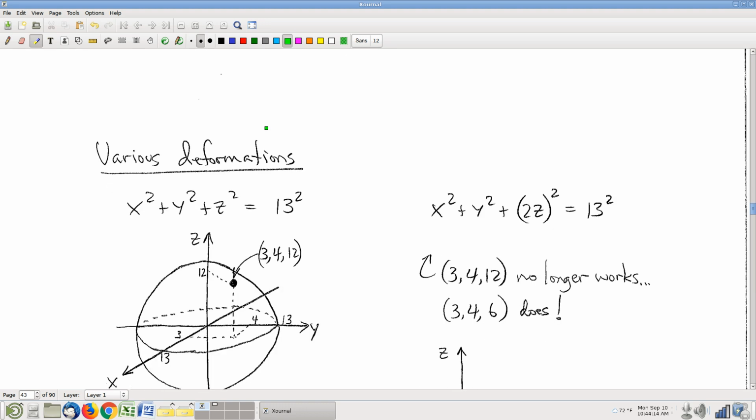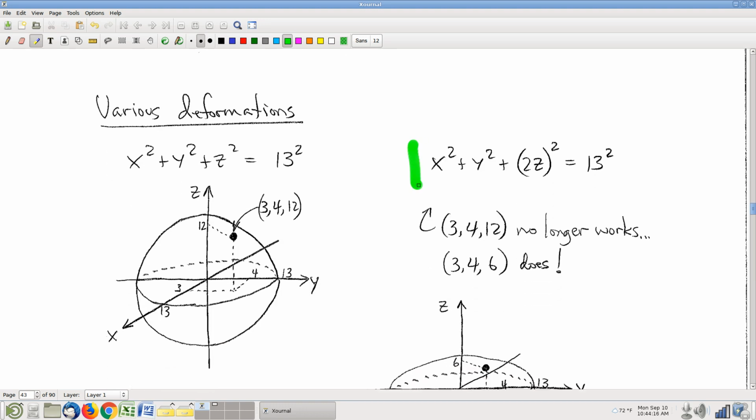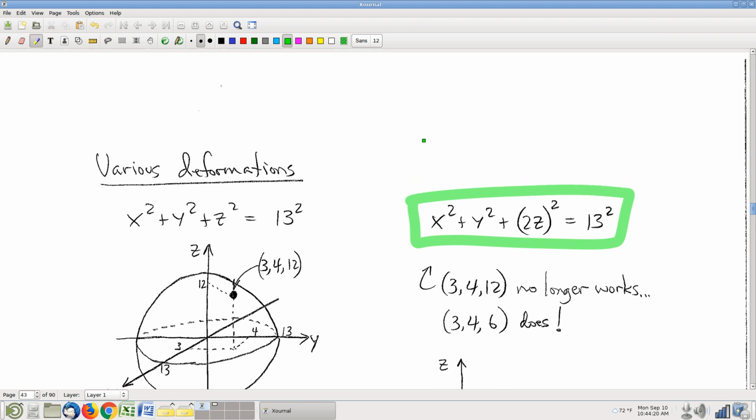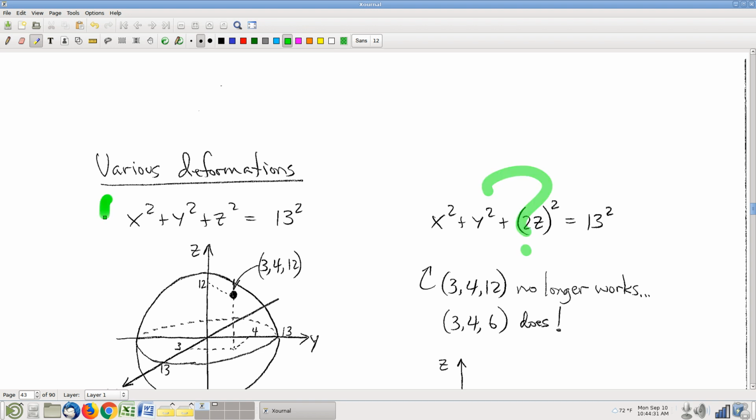Okay, so what if you have this equation? All right, what do you do with that? Well, you could make a rotation argument, sure, but I want to take this in a different direction. A different way to approach it is to say, well, I don't know about this equation, but I do know about that equation. That equation says distance from the origin is 13. That's a sphere.